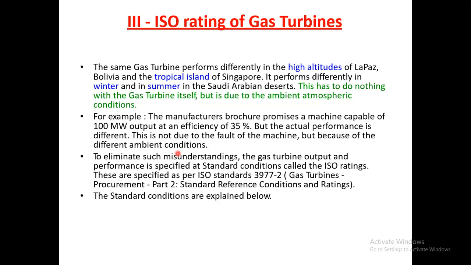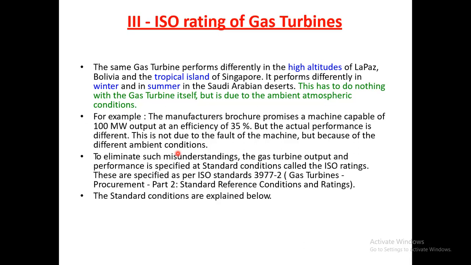These are specified as per ISO standard 3977-2, the standard for gas turbine procurement, Part 2: standard reference conditions and ratings. These are the standardization on which we have to understand the claim.